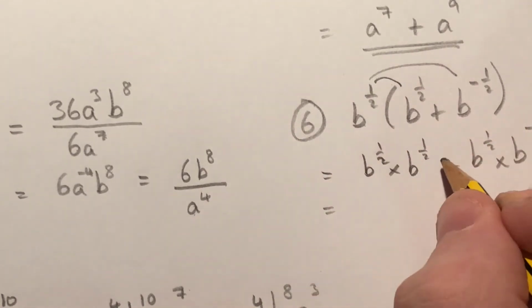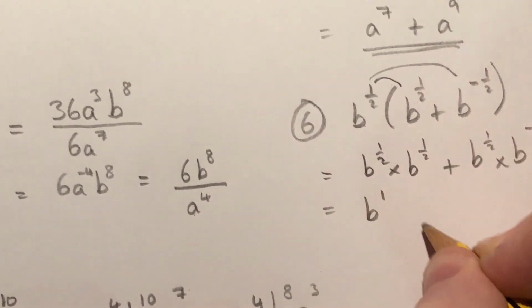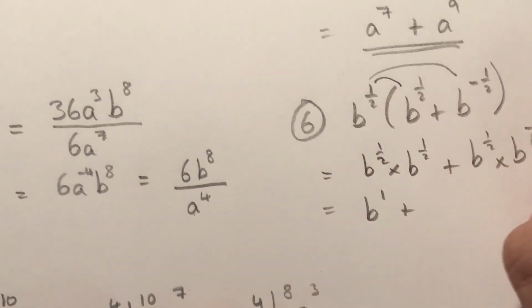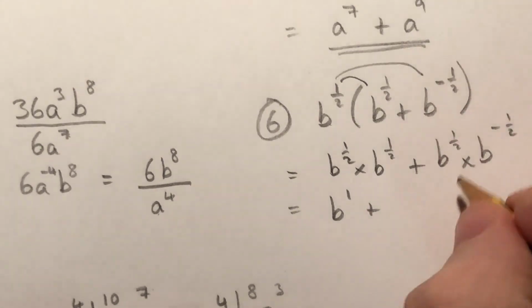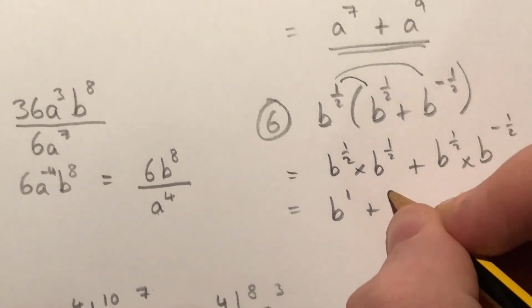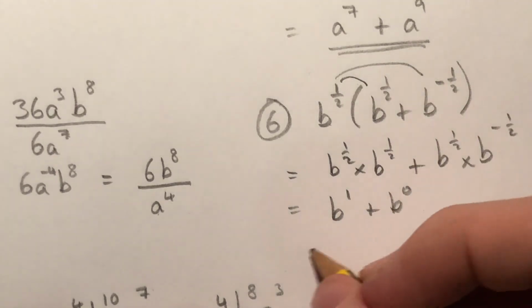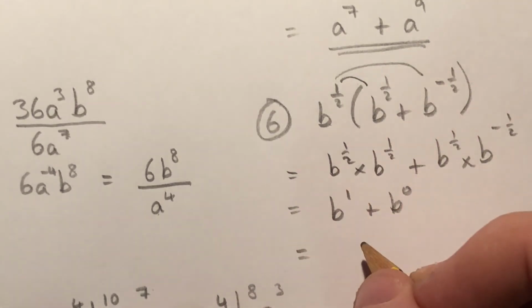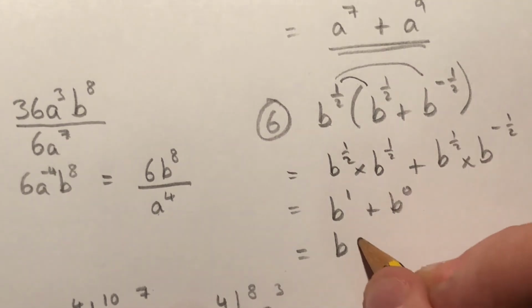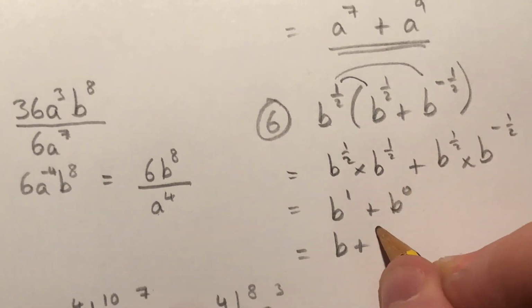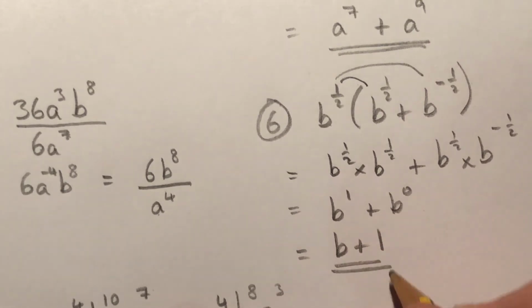Well, we know that a half plus a half is just 1. And a half plus negative a half, well, if I add a negative number, that's just the same as taking it away. So that's going to be a half, take away a half is 0. We don't ever write b to the power of 1, we just leave it as b. And remember, anything to the power of 0 just becomes 1. b plus 1, that's us done.